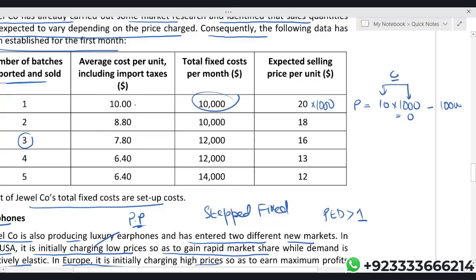Your variable cost is 10 multiplied by 1,000, so you will get a variable cost of 10,000. Revenue 20,000, variable cost 10,000. From 20, you will deduct 10, you will get a contribution of 10 minus the fixed cost 10. So profit is 0. Now let's come here. If you go for 2 batches, selling price will be 18, variable cost is 8.8.